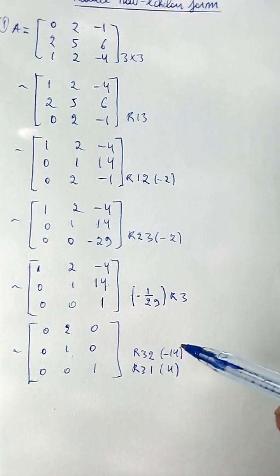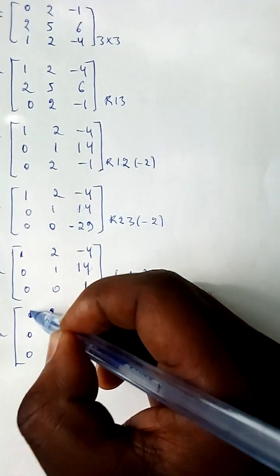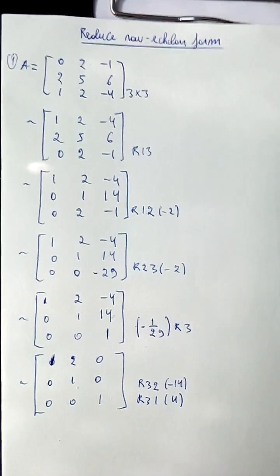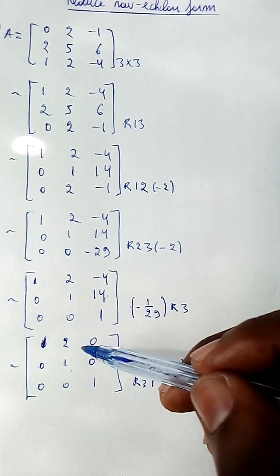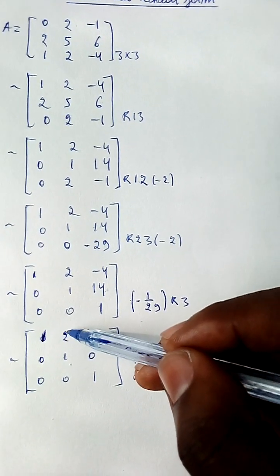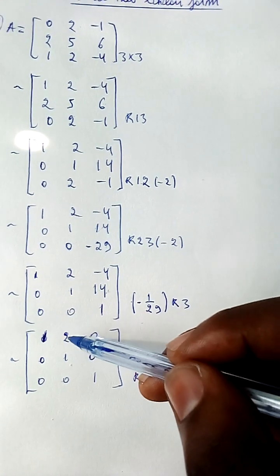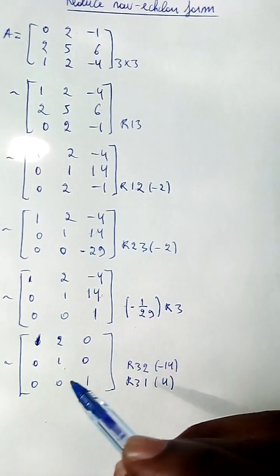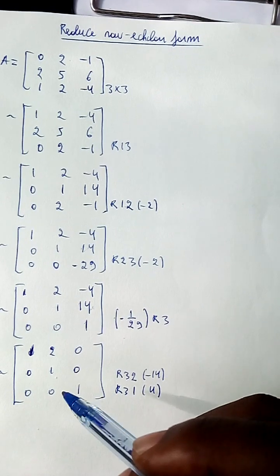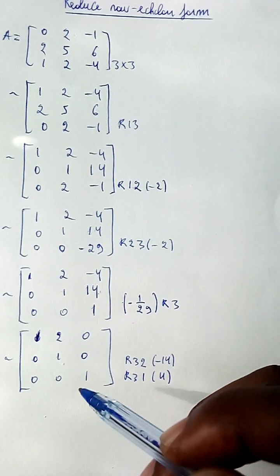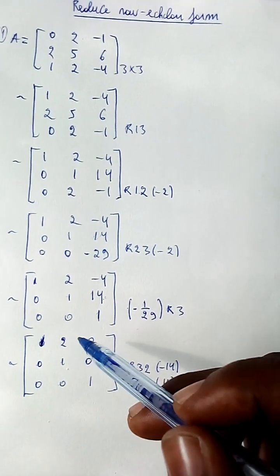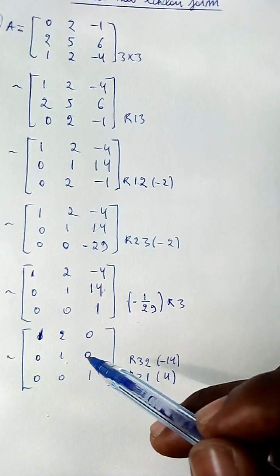So what is next? Sorry guys, this is 1. We need to make this one 0. When it will be 0, our question will get the form of reduced row echelon form. So in order to make this one 0, we are going to use the second row.